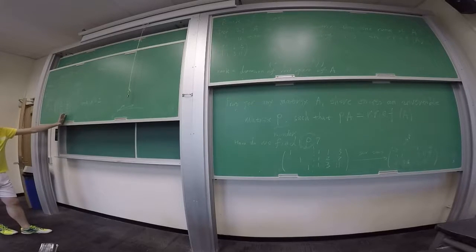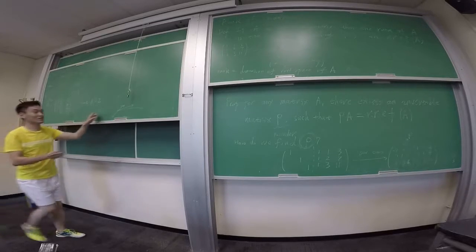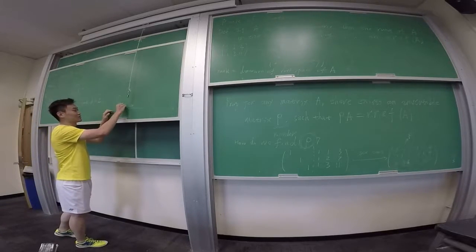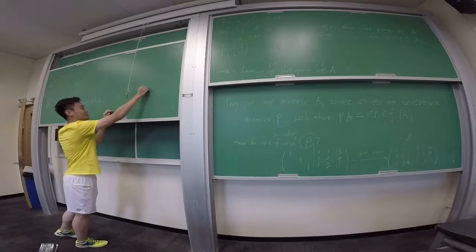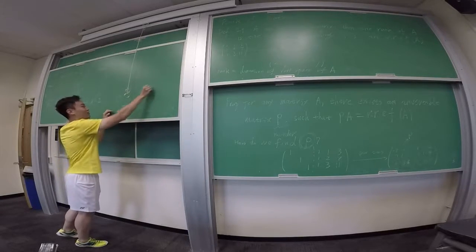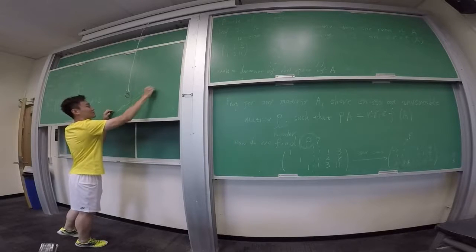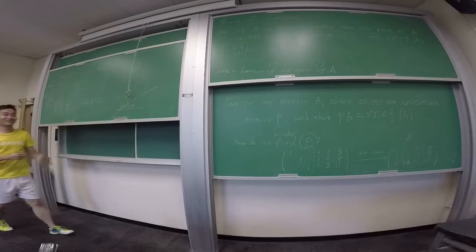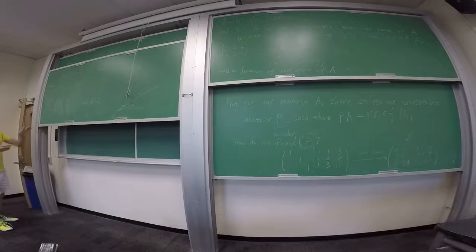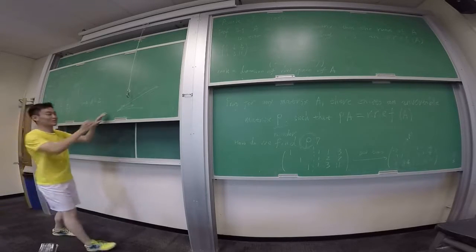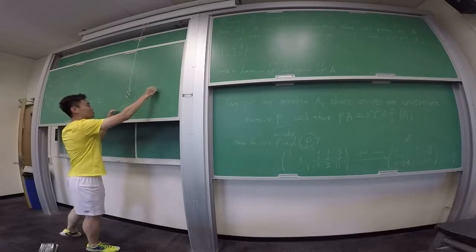So the last column vector should be a linear combination of those 2. Maybe the coefficients are not obvious, but the last vector is a linear combination of these 2.